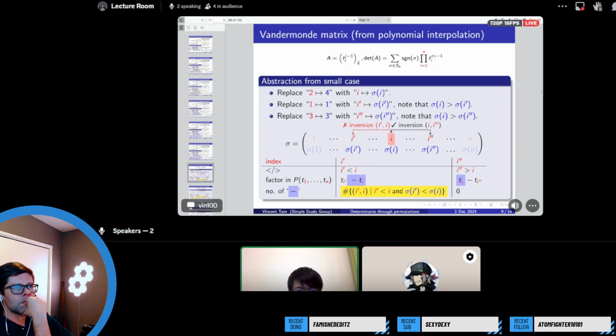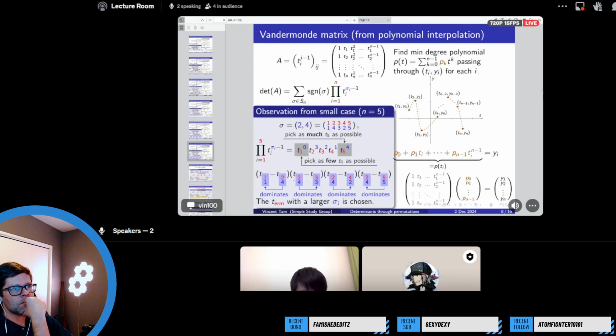And then 2 maps to 4, and we replace it with sigma i. Here 2 is compared to 1 and 3, and these are the terms being picked. We are not paying attention to 5 because in this term we are picking T5 instead of T2.